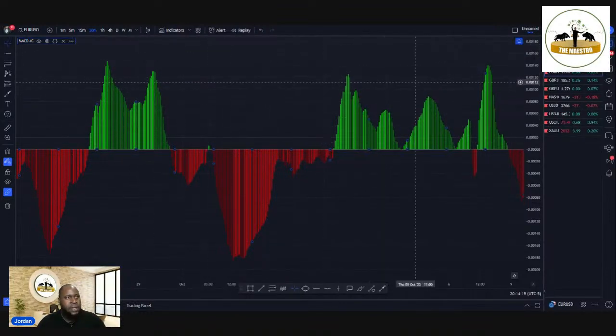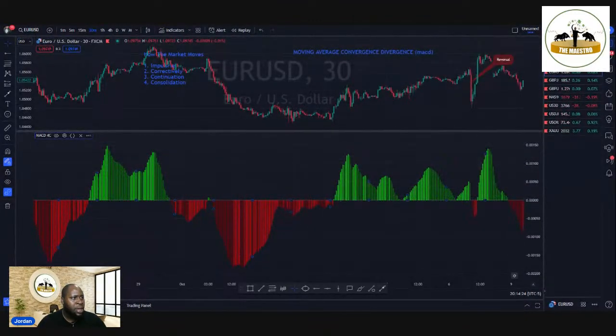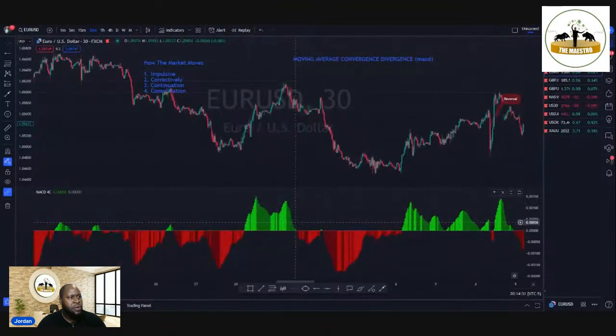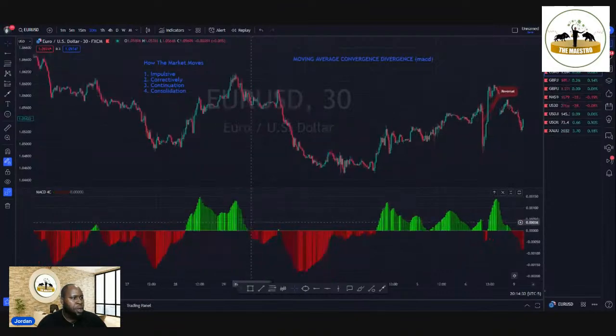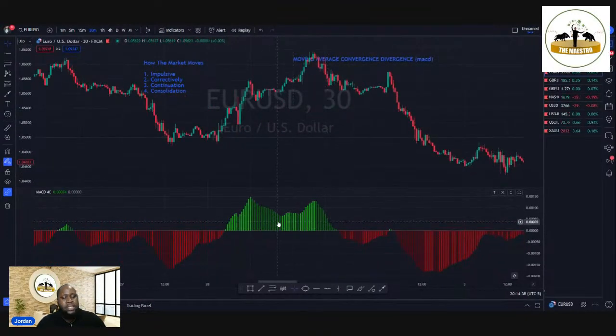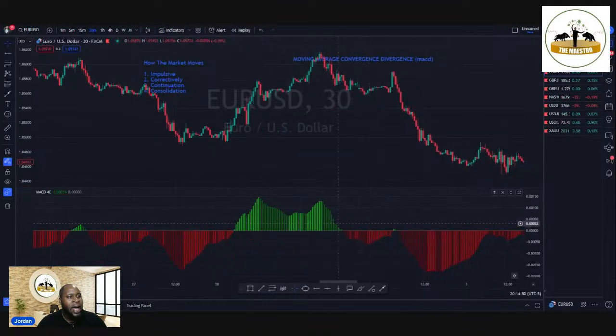When I'm looking at the histogram on the MACD, it represents the momentum within the move, but it also lets me know when momentum is starting to die. That is represented by the height of the histogram, as well as the shade.